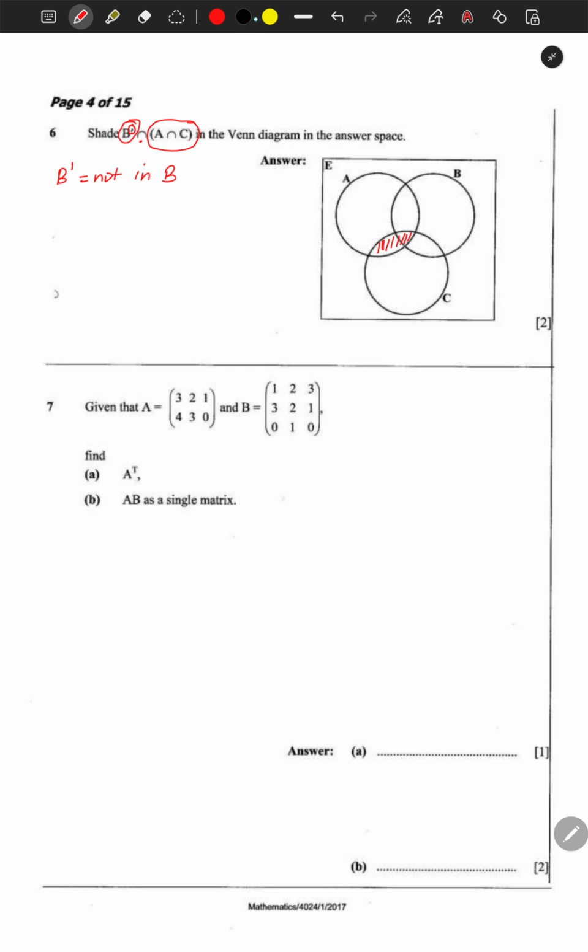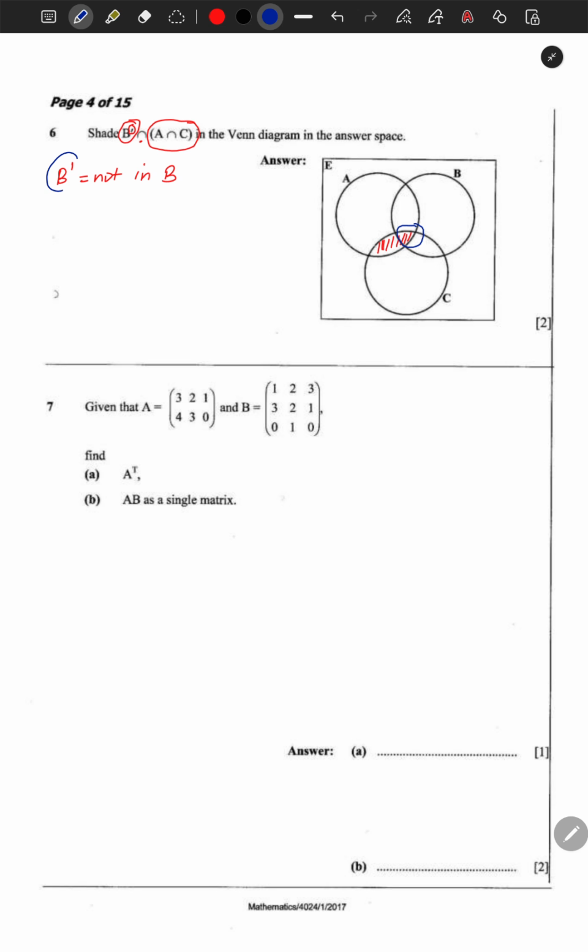This part here is part of B, because it is the intersection of all the three sets. So that part should not be there as we shade.